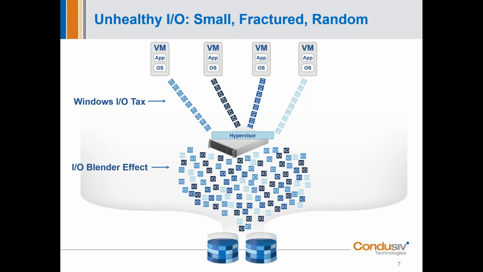And instead of the hypervisor, let's say you have a lot of physical systems going to different LUNs on the same SAN, and you get that same IO blender effect. So this is both on the virtual environment and the physical environment. A few slides later, we'll show you how we prevent this from occurring.